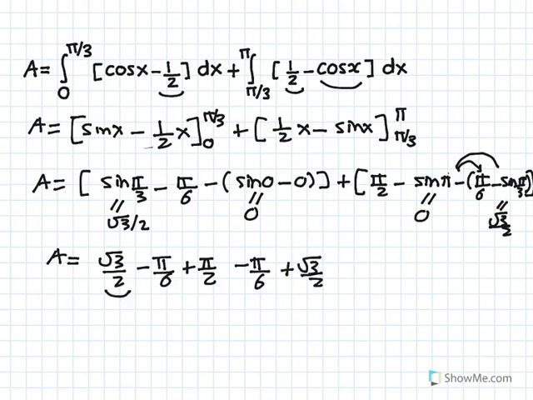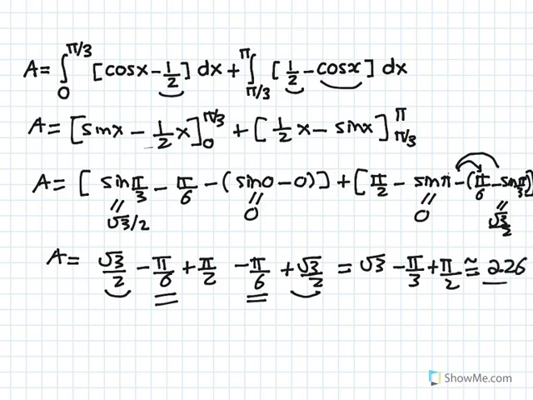Okay, let's simplify this. Root 3 over 2 plus root 3 over 2 gives us root 3. Minus pi over 6, minus pi over 6, that's minus 2 pi over 6, that's minus pi over 3, plus pi over 2. If we decimalize this, we'll get approximately 2.26. This is the shaded area.